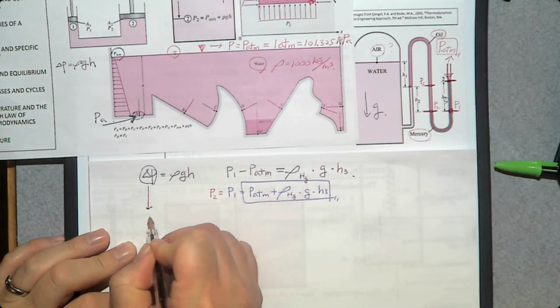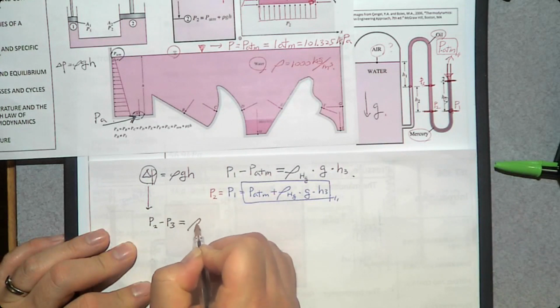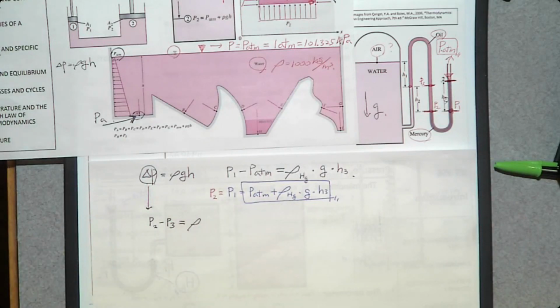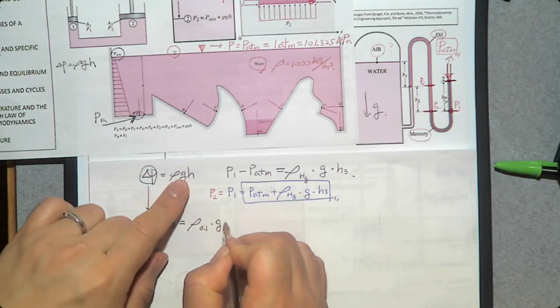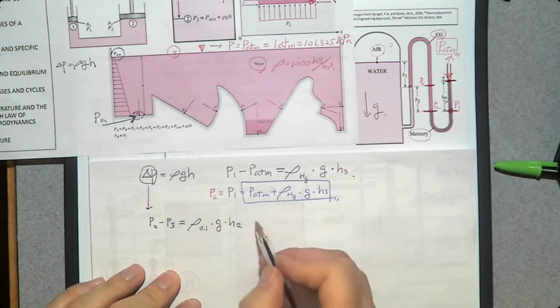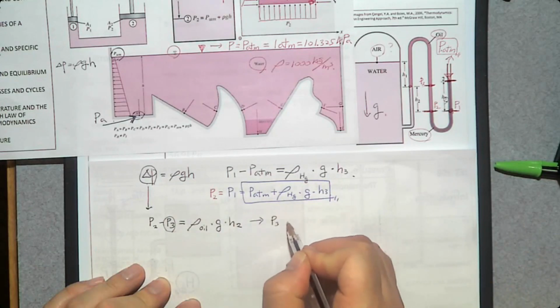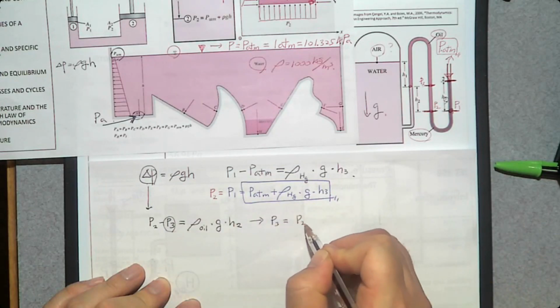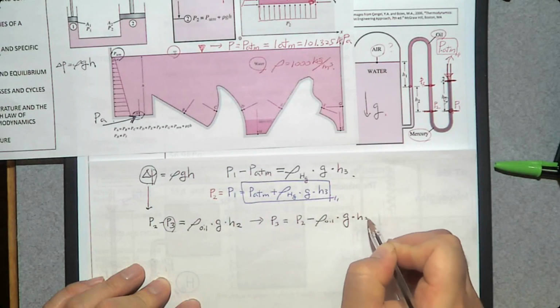So delta P, P2 minus P3, is the density of what kind of fluid? Oil. Density of oil times gravity times H. Do we know the H value between these two? Yes, H2. So if you rewrite this in terms of P3, P3 is P2 minus density of oil times gravity times H2.